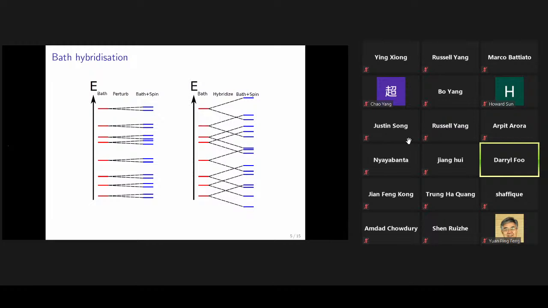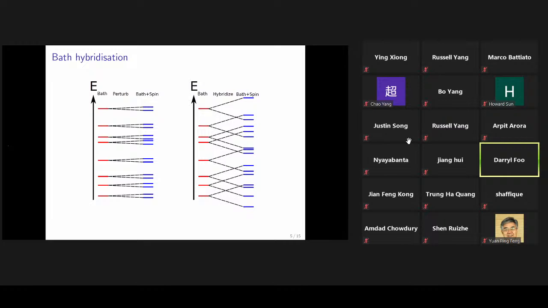So, bath hybridization. On the left, in red in both figures, we see the level spacings of the thermal bubble, and it's somewhat random. When it couples to an adjacent spin, there's a perturbation, and this causes a splitting of the levels into bath plus spin.